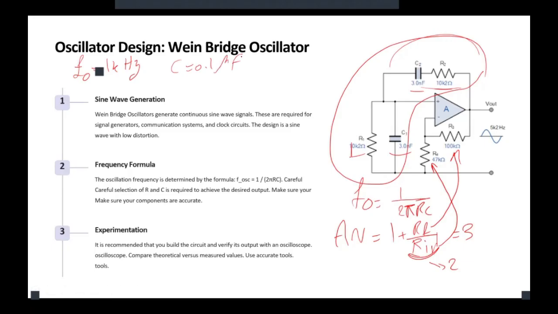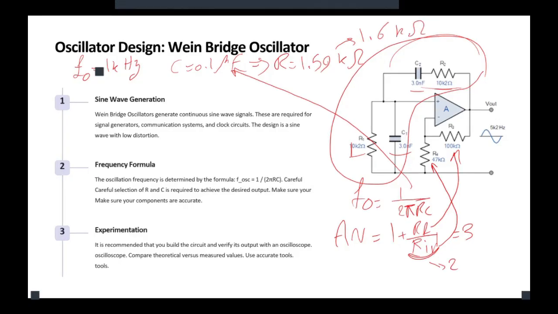Now, using that formula, that means the R is going to be 1.59 kilo ohms. So let's call it 1.6 kilo.